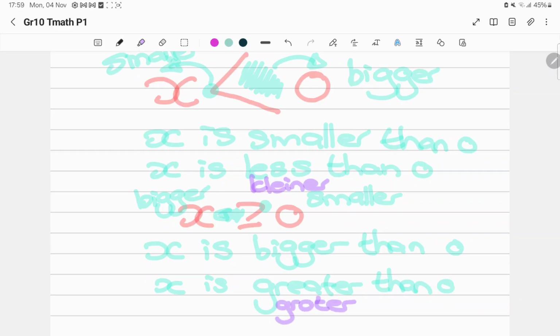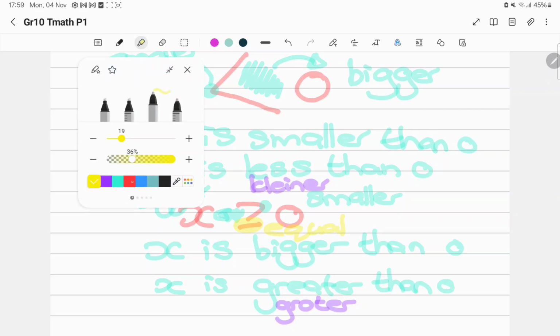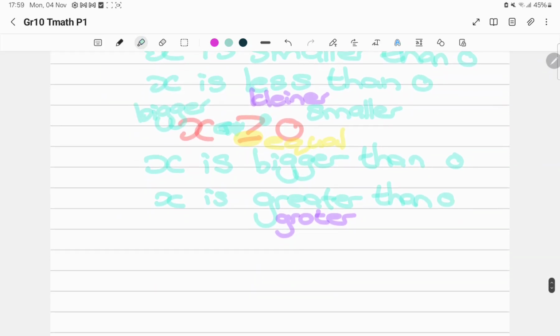But now I'm not done, because what is different here? Now I have this line here as well. What does that mean? That means equal, gelijk. So this actually means that x is greater than or equal to 0.